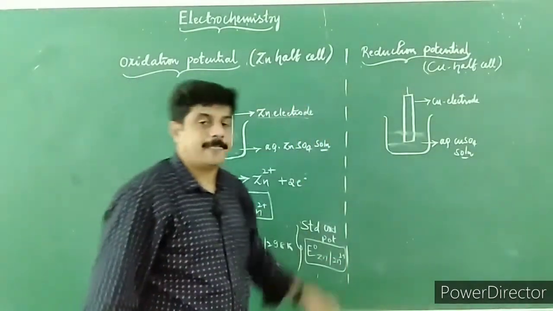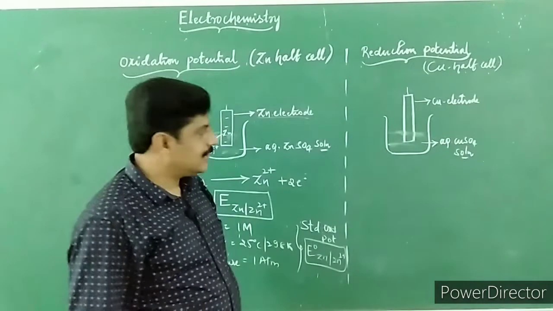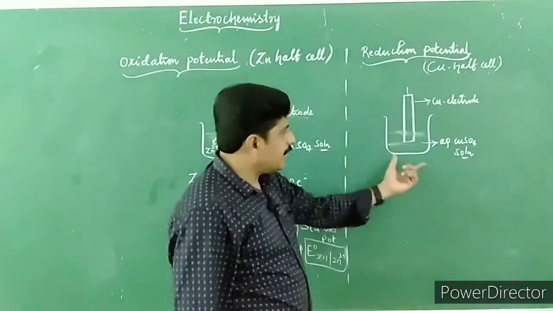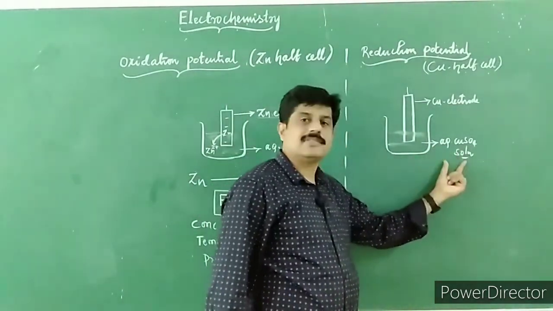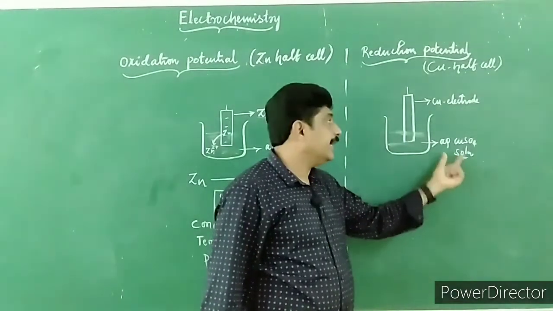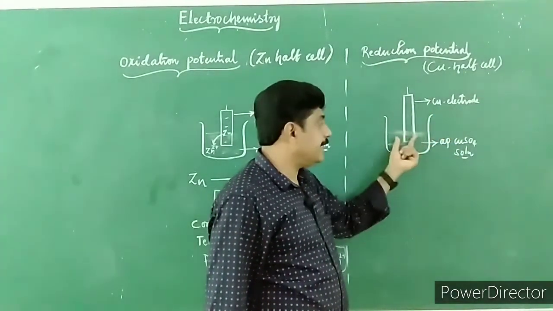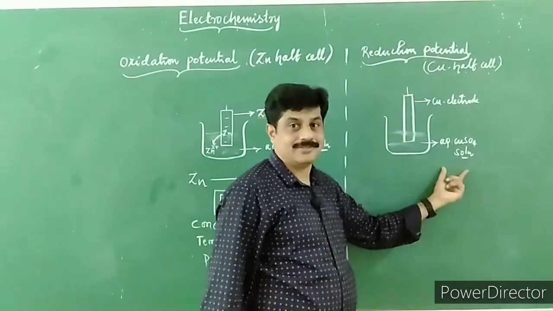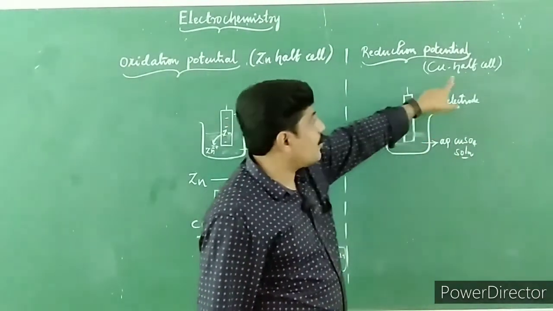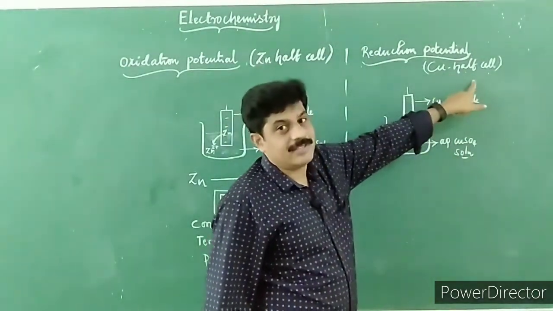Let me go for the second one, reduction potential. Children, consider a beaker filled with aqueous copper sulfate solution and a copper electrode is dipped in aqueous copper sulfate solution. Such a setup is called copper half cell.